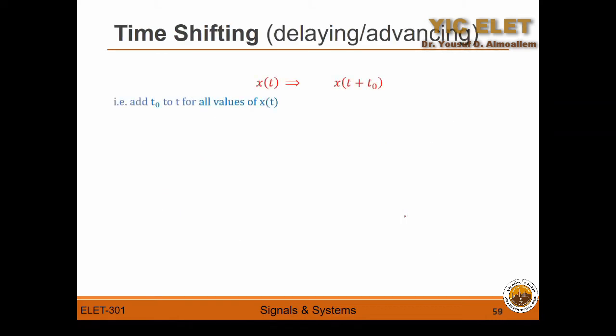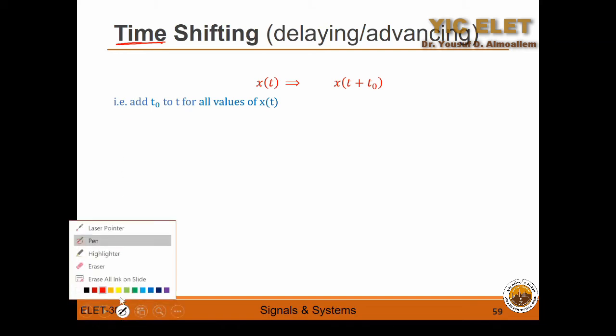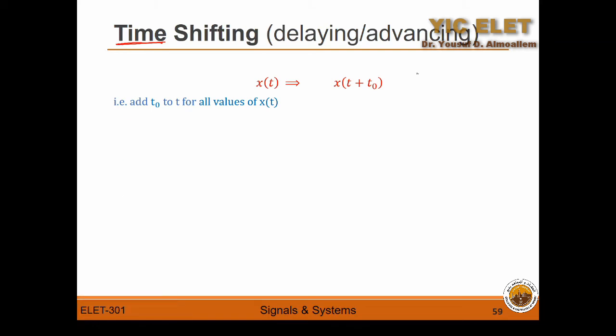Okay, now let's move from amplitude to time, which is the second way, and let me change the color to blue to link it to time shifting. Whatever happened before was concerned with the vertical axis, and now we will be concerned with the horizontal axis.